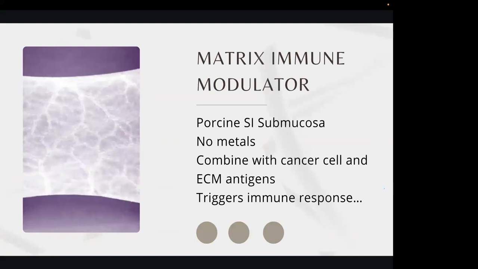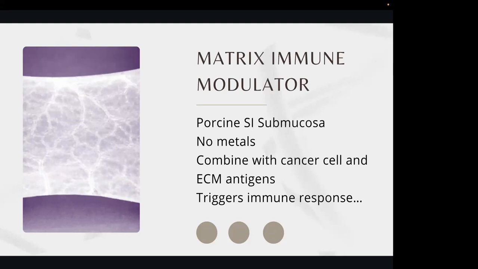So the reason that the Torsion vaccine might be working is because of the matrix immune modulator. When I first started thinking about this and when I first heard about it, I was like, I don't understand. You're taking a tumor off and you're putting it in a blender and turning it into a mushy liquid and giving it back to the patient. So what?